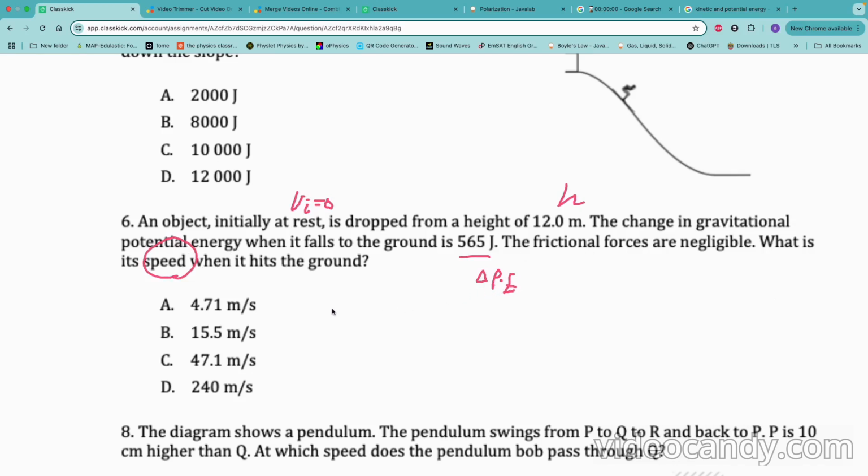So to calculate speed, this means we need to involve kinetic energy. And we know that the change of potential energy is equal to the change of kinetic energy. So we can solve it in 2 steps.